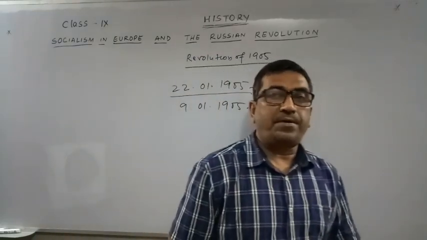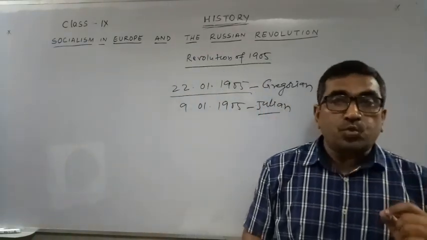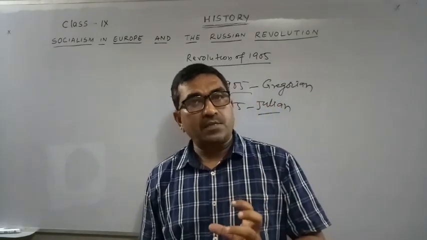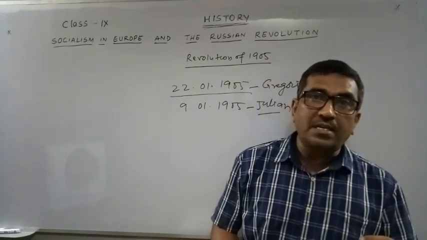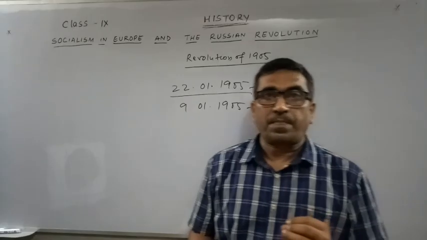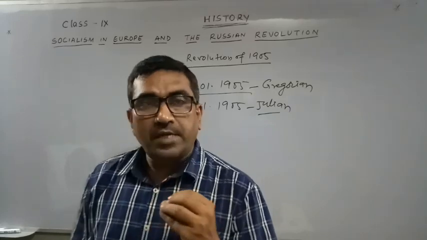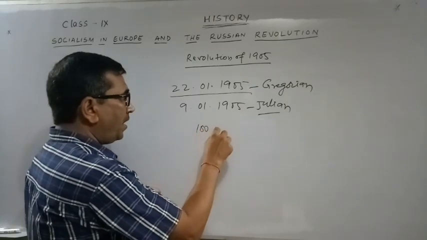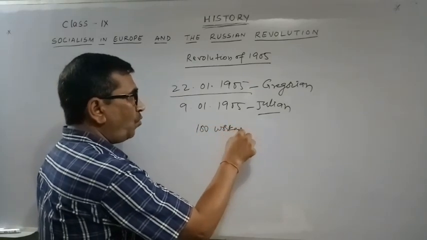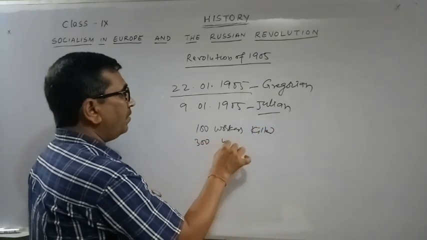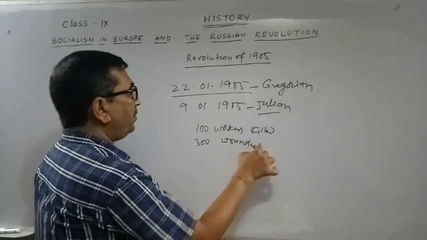In this event, what happened? The soldiers, the army and Cossacks, who were famous for their army skills and horsemanship, started the firing, and in this firing, hundreds were killed. 100 workers were killed and 300 were wounded.